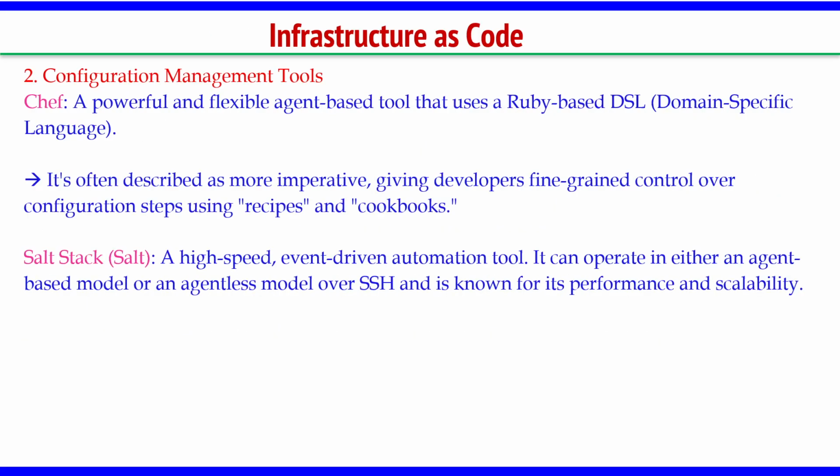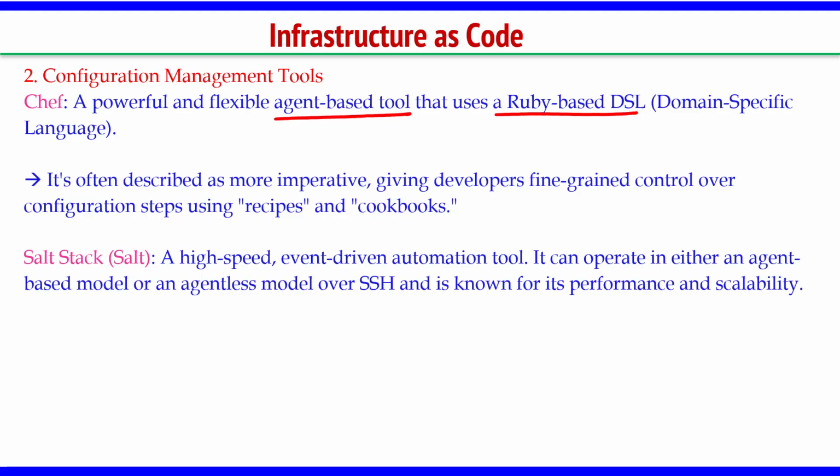Then we have Chef. The third tool in configuration is Chef, a powerful and flexible agent based tool that uses a Ruby based DSL, domain specific language. So it is based on Ruby. It's often described as more imperative because we have to clearly specify the commands.